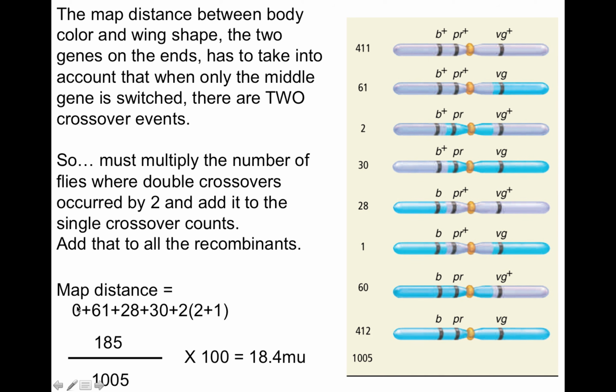So we have 60 plus 61 plus 28 plus 30 plus 2 times 2 plus 1, that's this and this, the double recombinants, which yields 185 divided by 1005, times 100, gives you 18.4 map units.